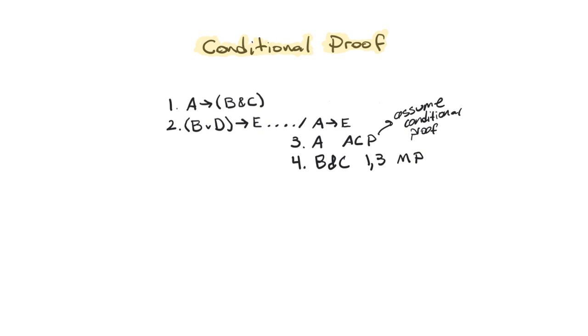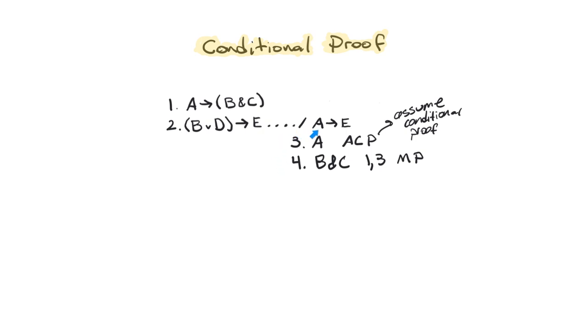So now we should start asking, what can we derive from what's been given so far for lines 1, 2, 3, and 4? And we want to remind ourselves what we're looking to do here.